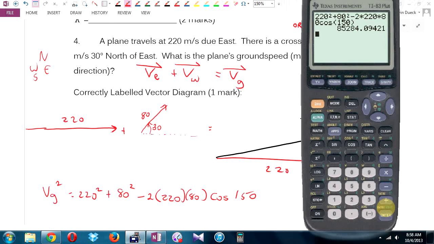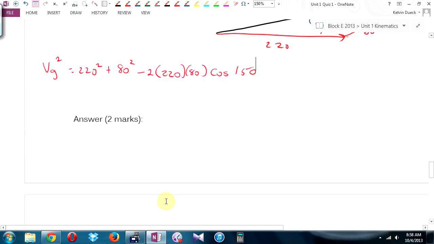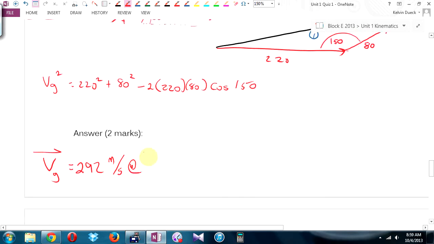Now what? Don't forget the square root. The magnitude of the velocity is 292 meters per second. V ground equals 292 meters per second. Now that's the magnitude.